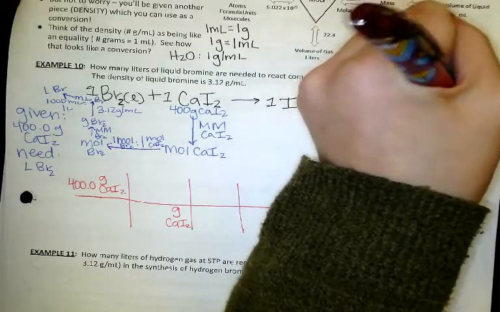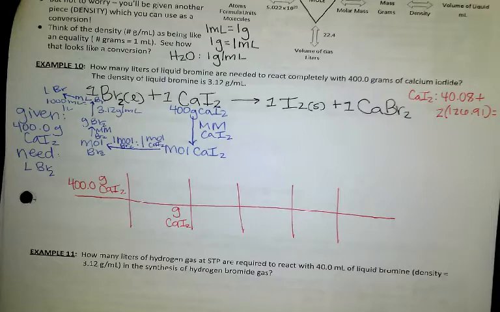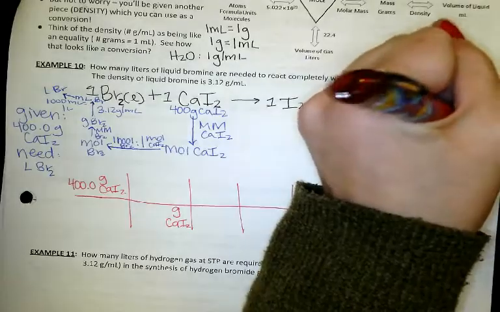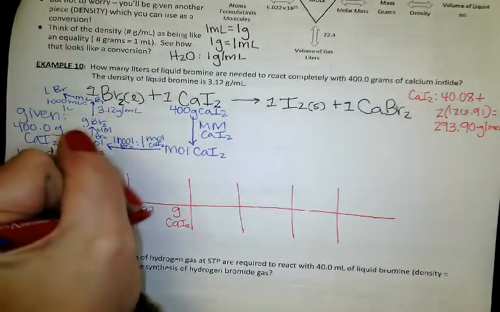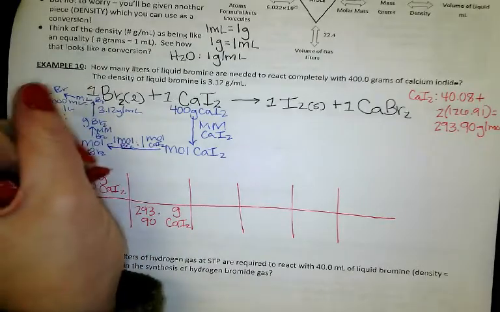So 40.08 plus 2 times 126.91. So that will give me a mass of 293.90 grams per mole. So I'm going to have 293.90. I'm going to have to squeeze it in there. Grams of calcium iodide in 1 mole of calcium iodide.